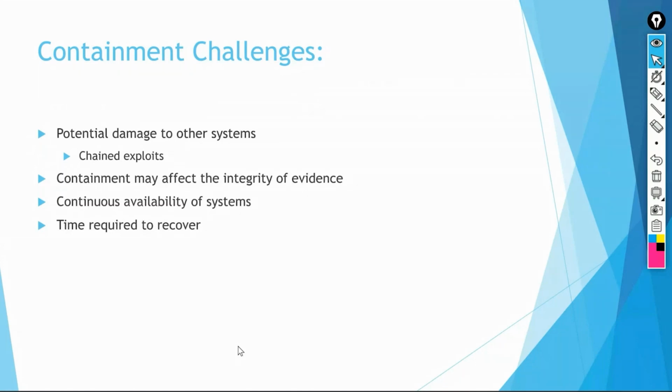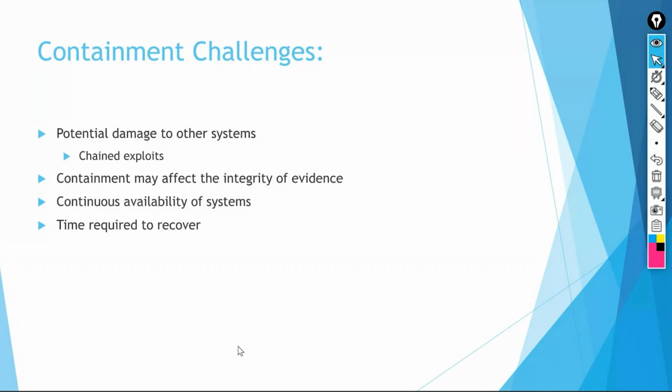Now, containment may affect the integrity of the evidence. What do I mean? If you are trying to contain an incident in a virtual machine, on VMware ESX, or on your ICS devices or embedded devices, containing the incident may impact the integrity of the evidence, by which the evidence will not be acceptable in court.